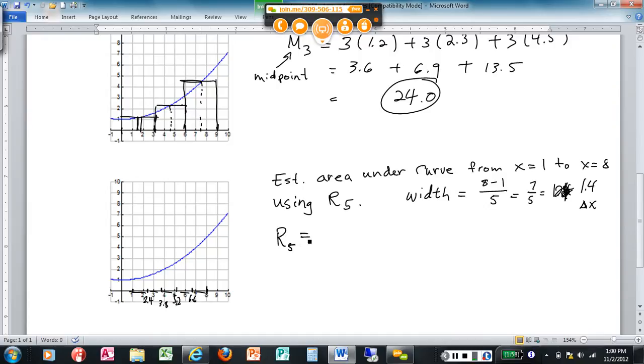So let's see about R5. What does the first rectangle look like? Well, it's R5, so I go to the right-hand endpoint, right? For my level, it'll be right there. So that first rectangle is about that tall right there. Okay? The second one, well, coming here at 2.4.